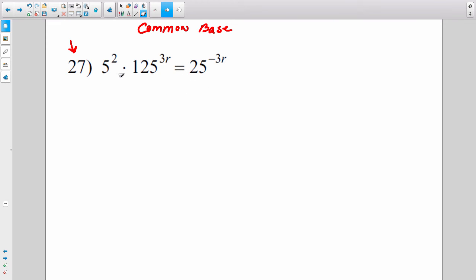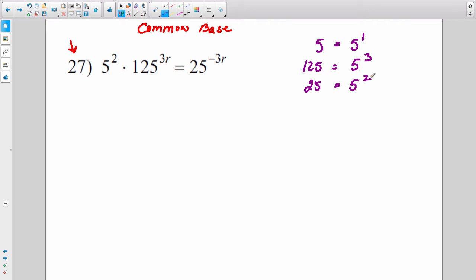It's not a big deal. It just means you might have to do a little more work first. So in terms of the more work, what I'm saying is let's get common bases for all 3 of these. So 5, I'm going to turn that into 5 to the first. Really no change. I just want to show you the process. 125, I'm going to make that 5 to the third. And 25, I'll make 5 squared.